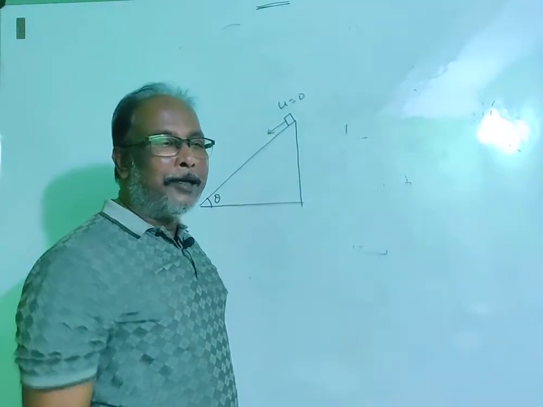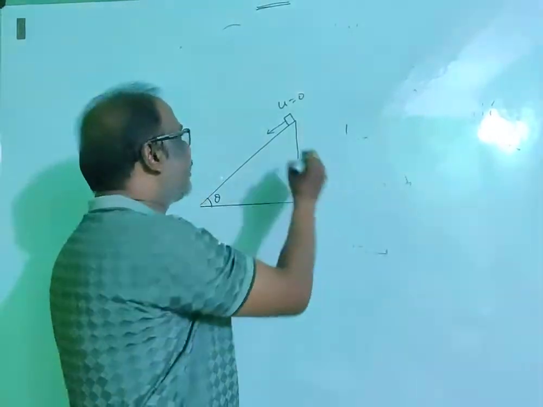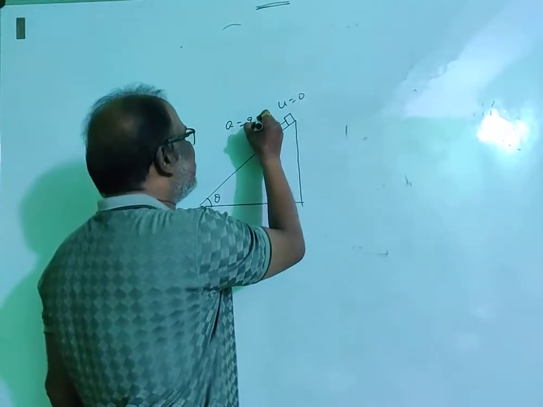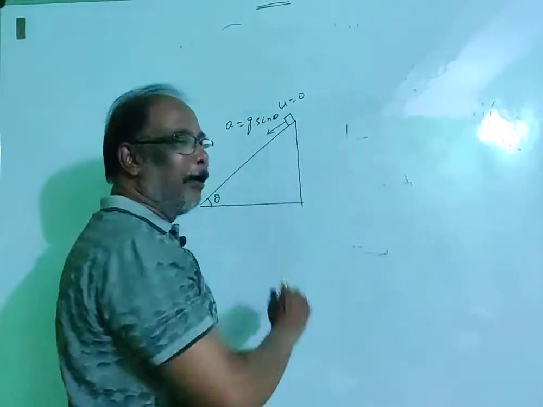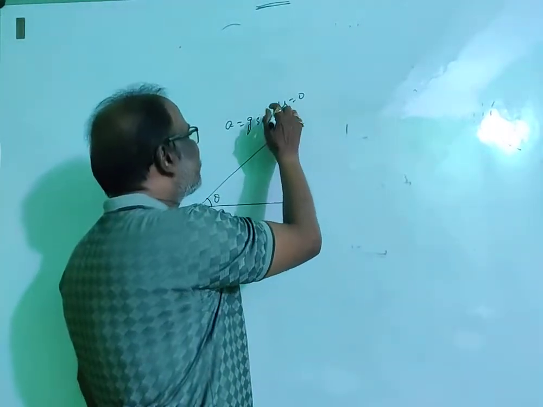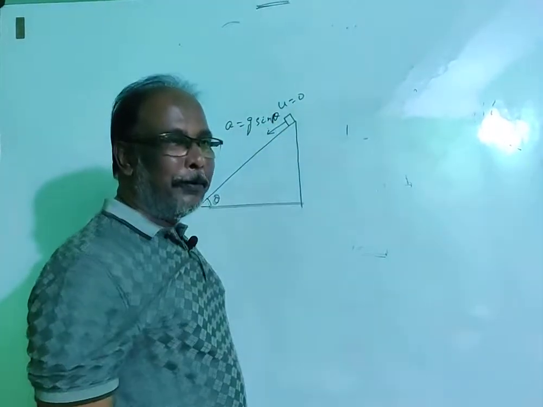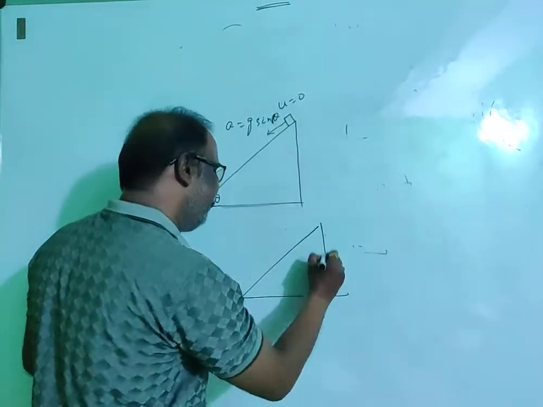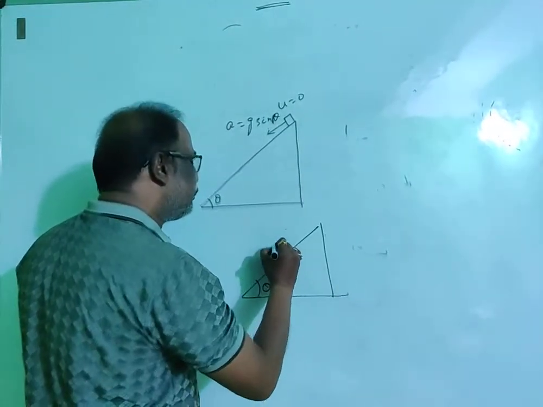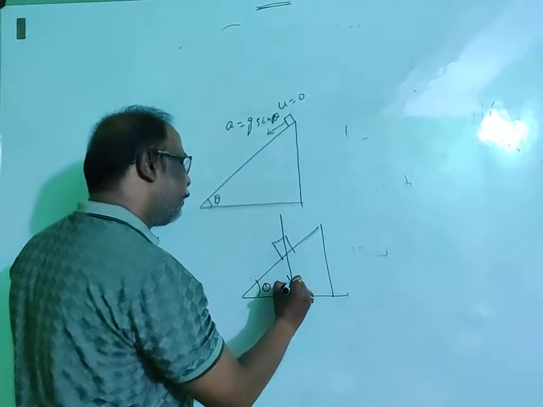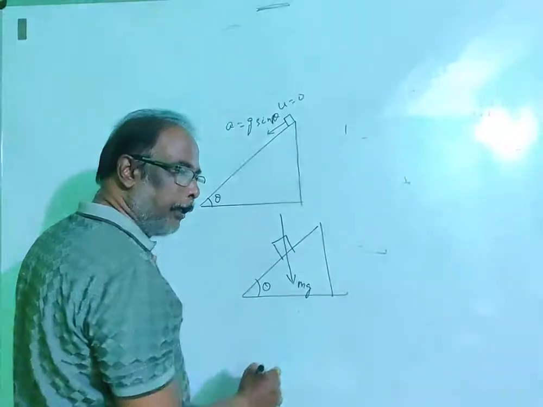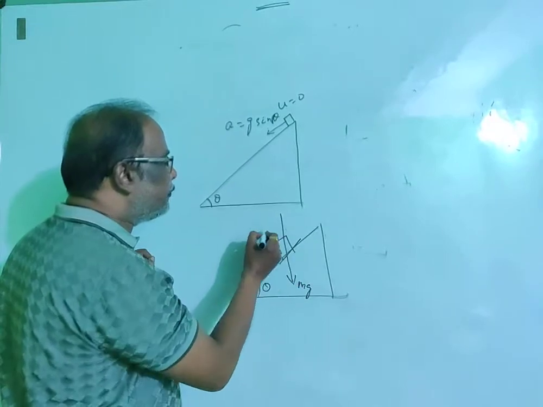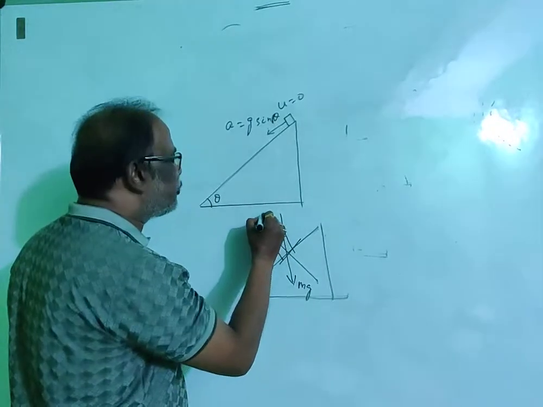As we have discussed in the previous lecture number 10, here the acceleration is g sin theta. You may follow the free body diagram. This angle is theta. This is a body. The weight of the body is always in the vertically downward direction, and the surface gives a normal reaction.